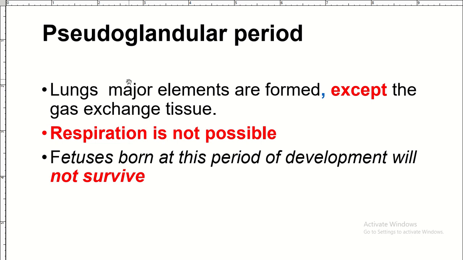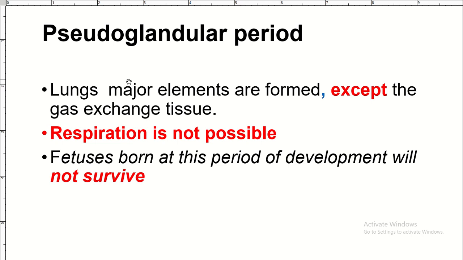So at the pseudoglandular period, you have the branching of your bronchioles up to the terminal bronchioles, not the respiratory bronchioles, right? Very important. And there are no alveolar sacs formed.